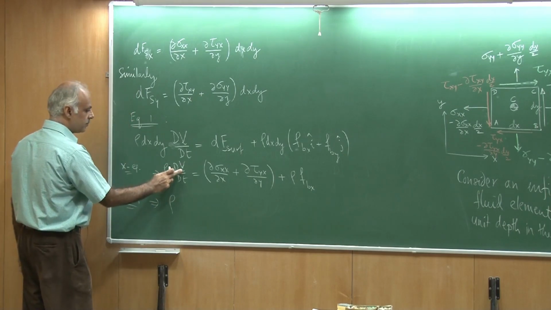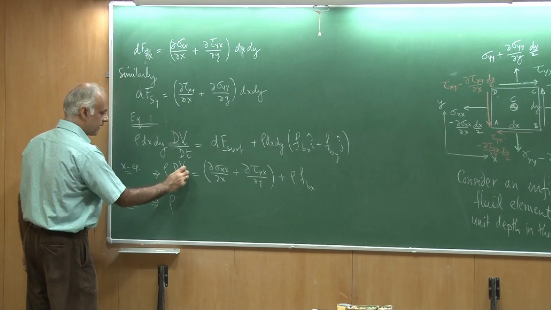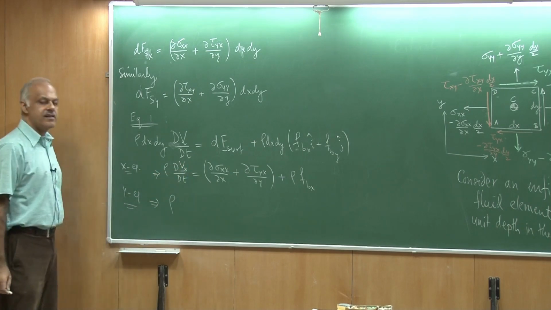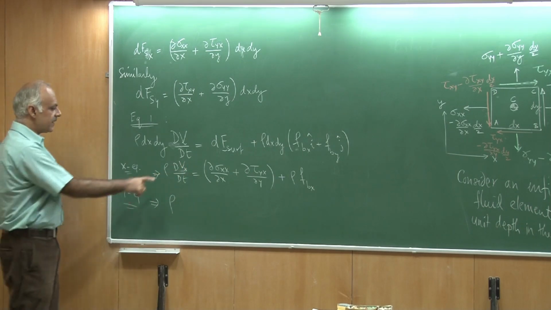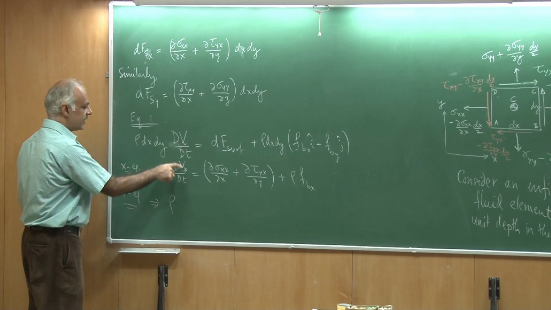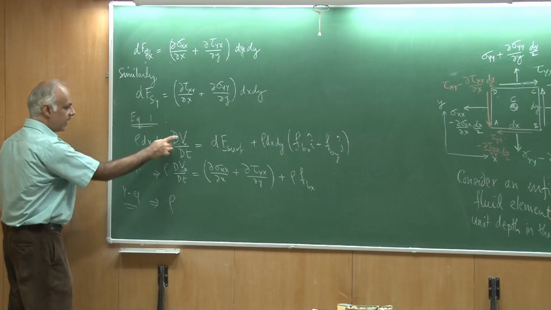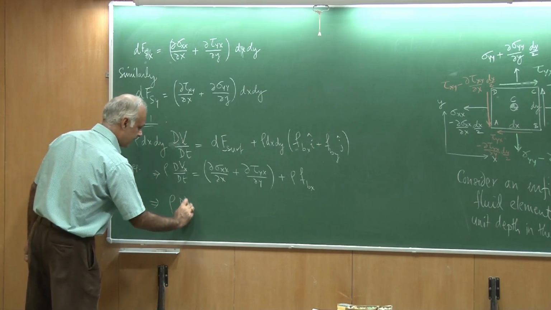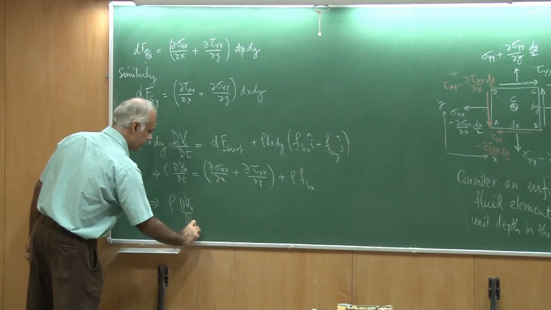I'm sorry, this doesn't stay as a vector, so this becomes dvx. I made an error here, I left it as a vector equation. Indeed, I should take the vx component out of this. Now for the y equation, I get here dvy by dt.